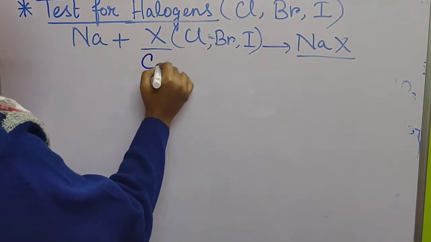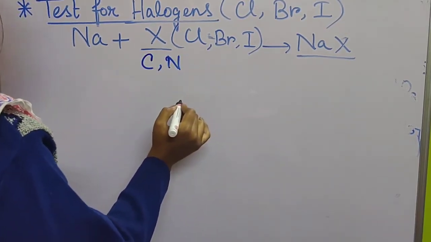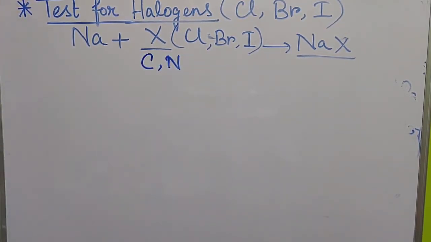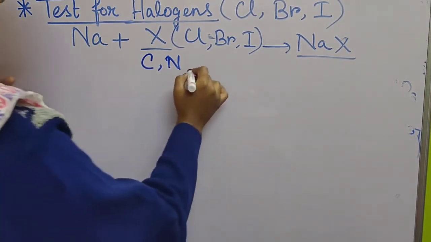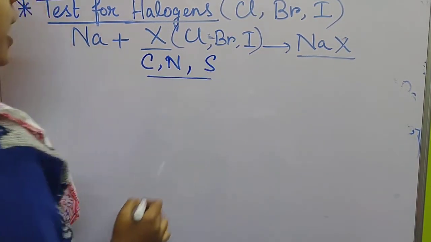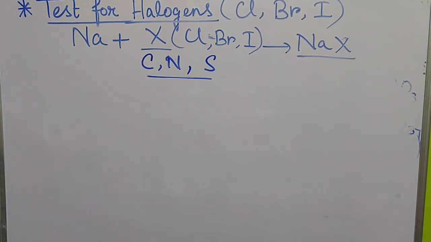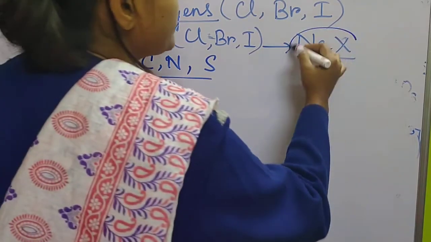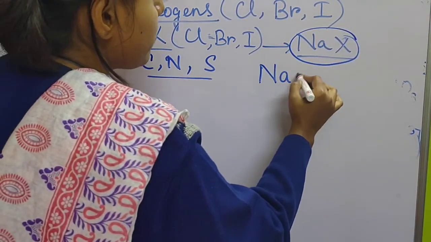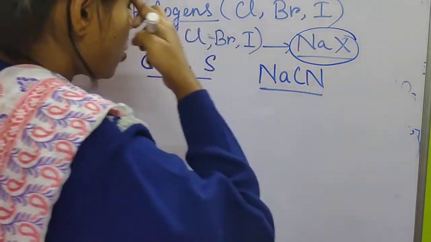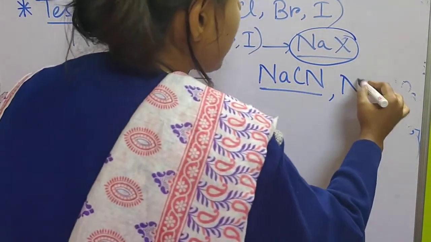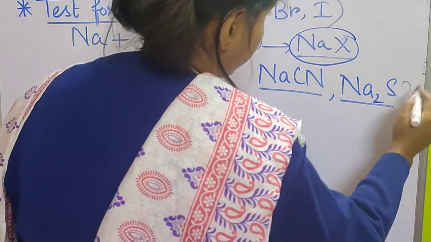Because if carbon, nitrogen or sulfur are present in the organic sample along with the halogen, then along with NaX we will also get sodium cyanide for nitrogen and sodium sulfide for sulfur, right?